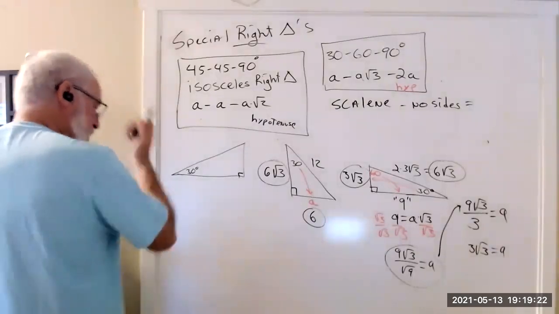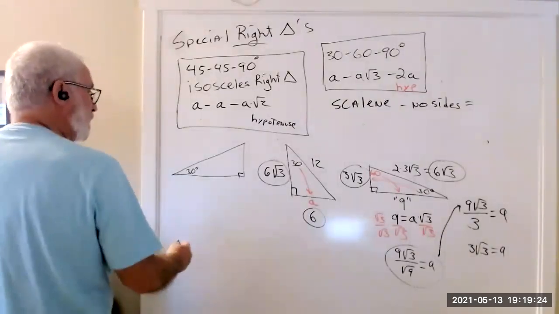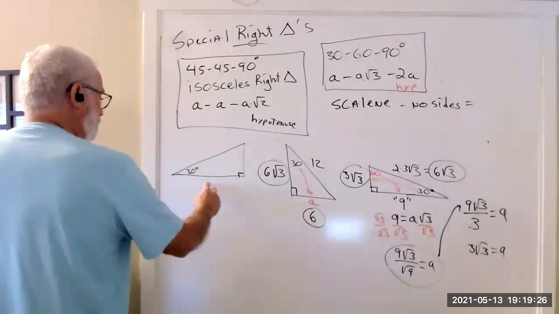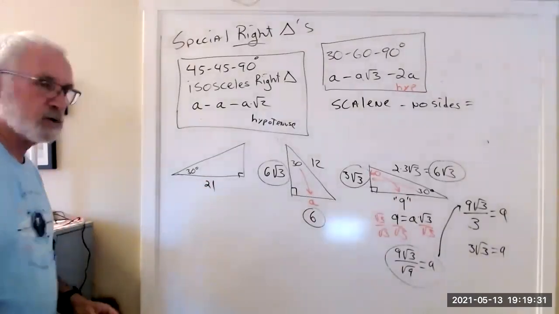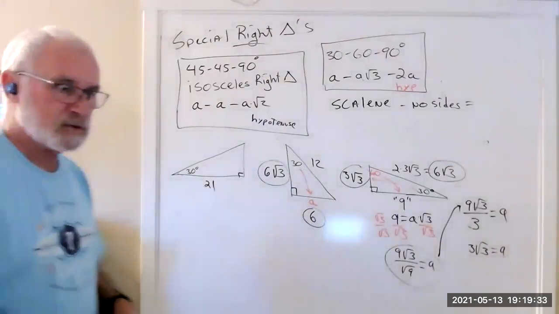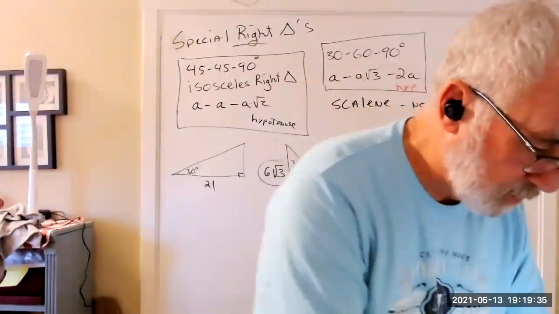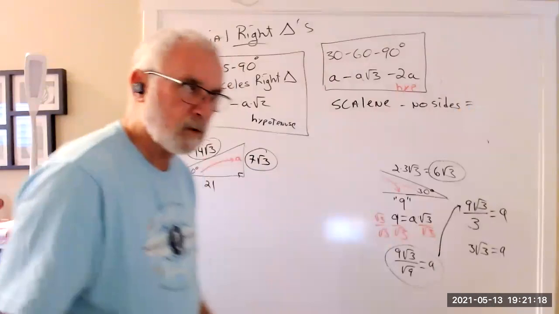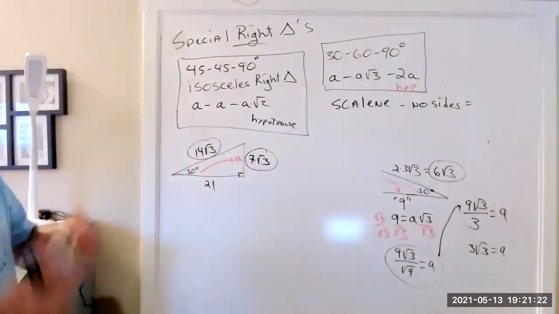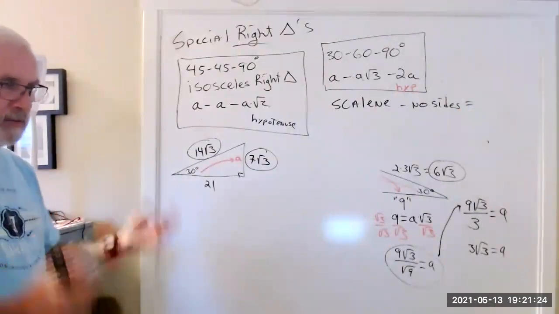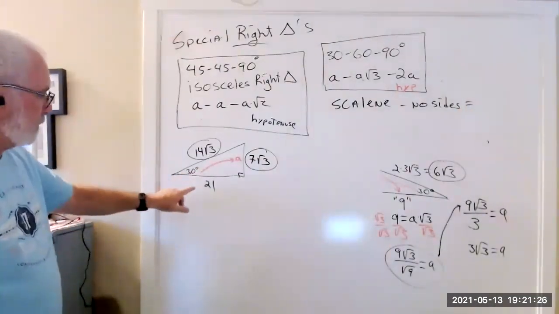And I'm going to tell you that this side is 21, and I want you to find the other 2 sides. So we'll pause while you get. Okay, so I put the answers up here, and then I'll go through the work and the explanation.